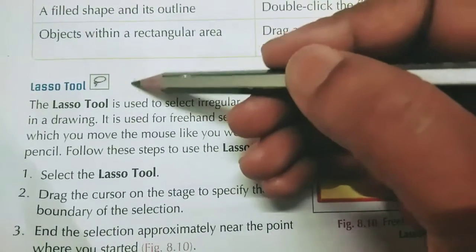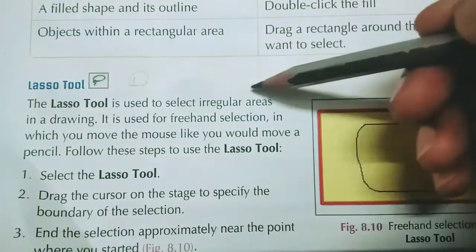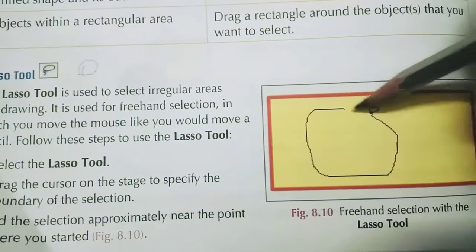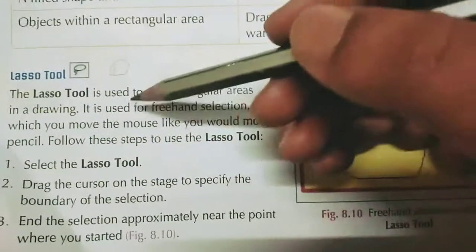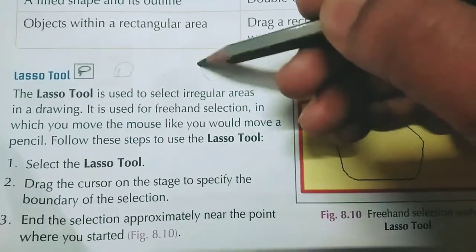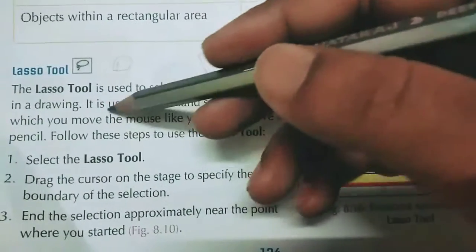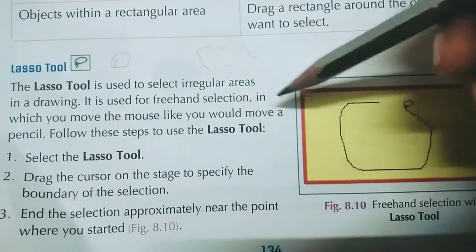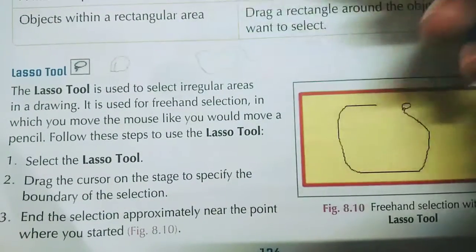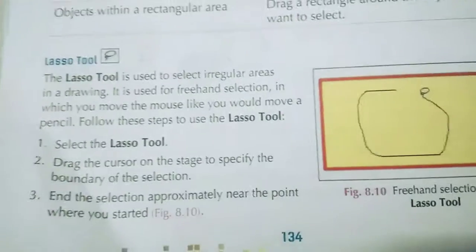You can see this is irregular, like this rope. It is used to select irregular shapes in a drawing. It is used for freehand selection. Freehand means you can select any type of figure in which you move the mouse like you would move a pencil, in any direction, in any figure.